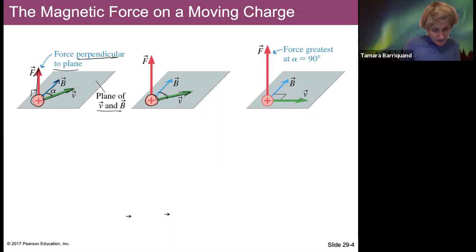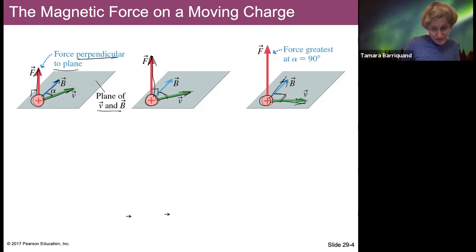In this case, we still have a force that is perpendicular to the plane of B and V, but it is greater. The magnitude of that force, the length of that vector, is greater. Now in the third image, we again have our positive charge moving at a velocity v. This time the velocity is perpendicular to the magnetic field.